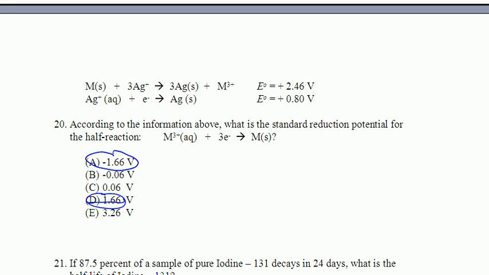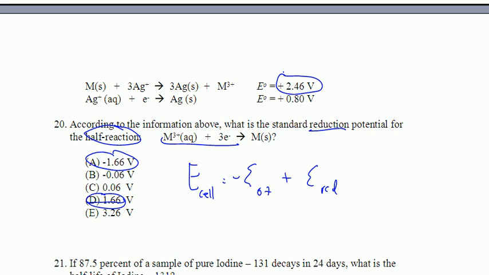According to the information above, what is the standard reduction potential for the half reaction here? Okay, so it all is based on E cell, or E total, equals negative E ox plus E reduced. They gave us E total: 2.46 equals negative E ox plus.